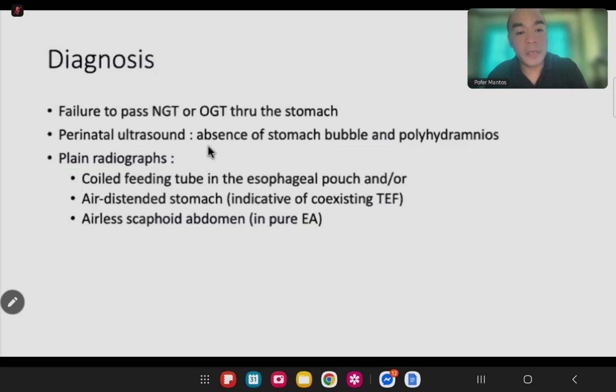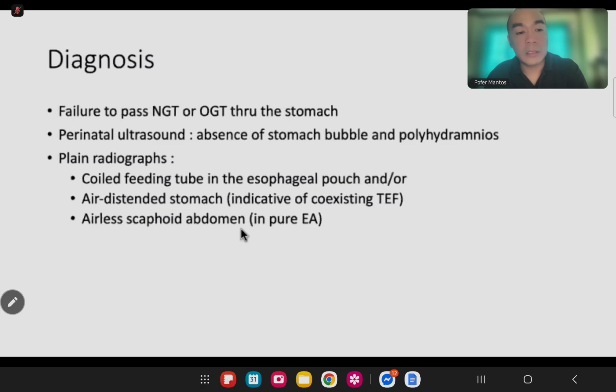Perinatal ultrasound may also be helpful, and we can detect polyhydramnios and an absent stomach bubble. That's suggestive of esophageal atresia. On radiographs, you can see that the OGT or NGT tube is coiled where the esophageal atresia is present, at the esophageal pouch.